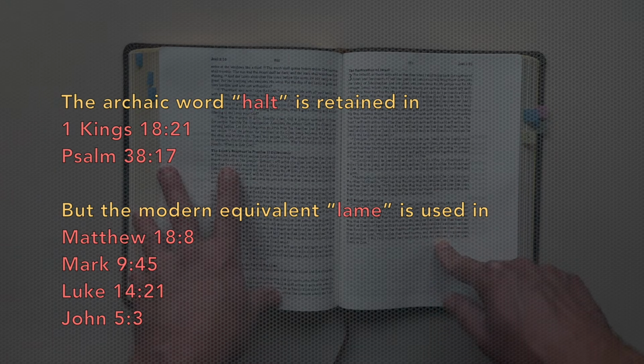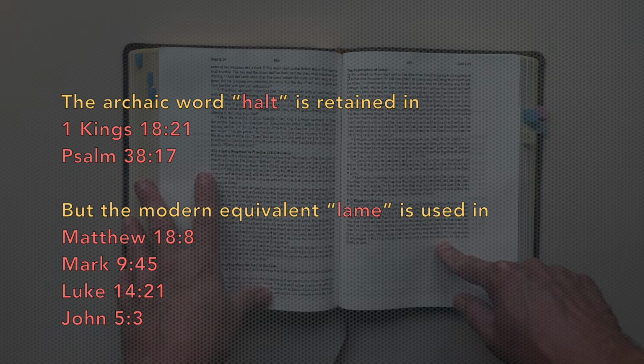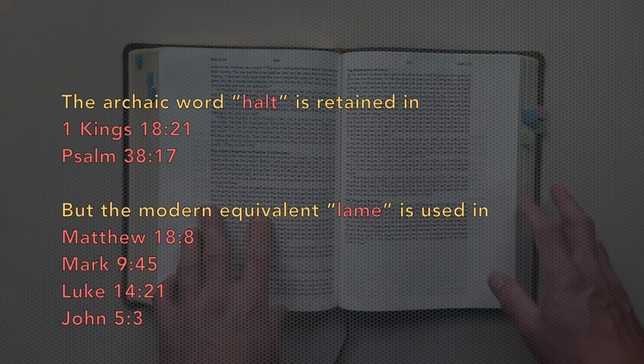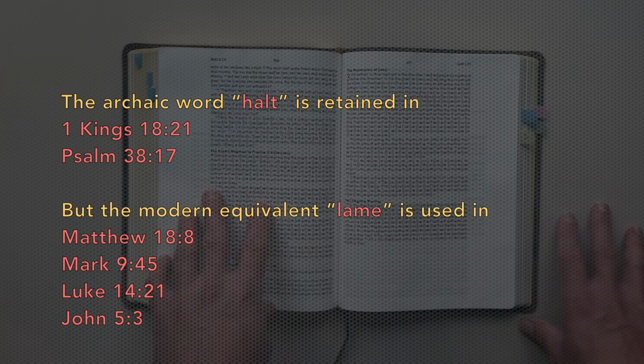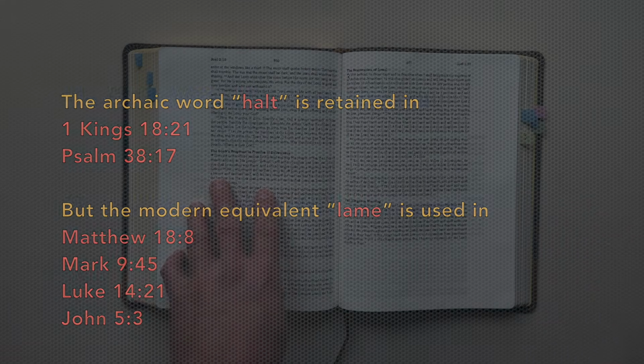I didn't look at every place in the Old Testament, I'm just giving you examples. But the modern equivalent, which is lame or limp, and they use lame, is used in the New Testament: Matthew 18:8, Mark 9:45, Luke 14:21, John chapter 5 verse 3. Those don't use halt, they use the word lame.